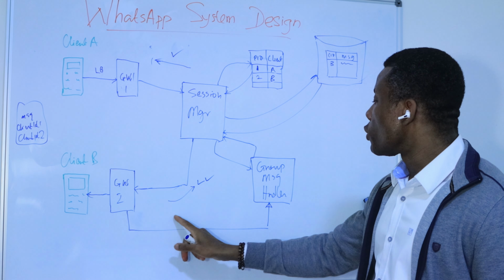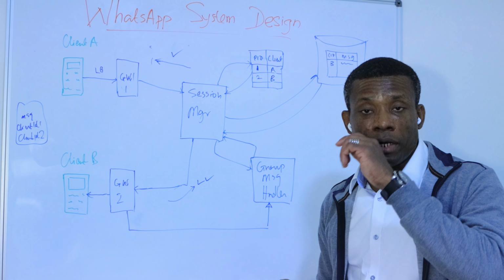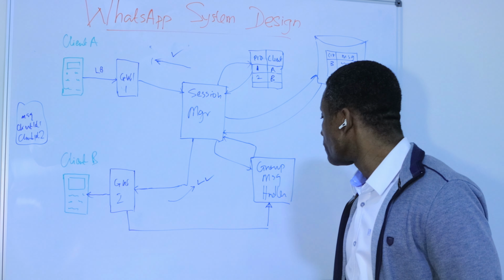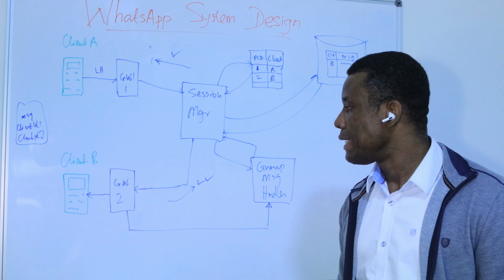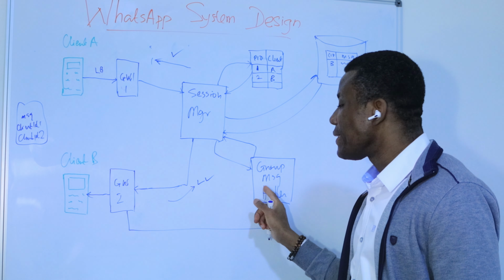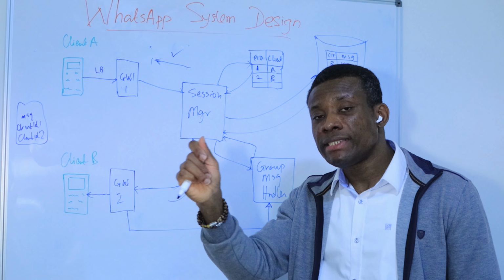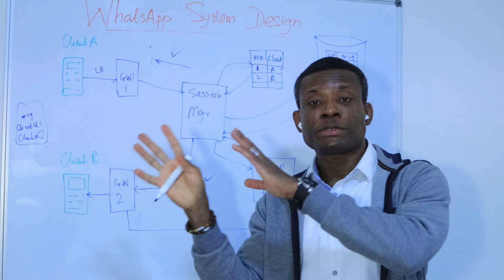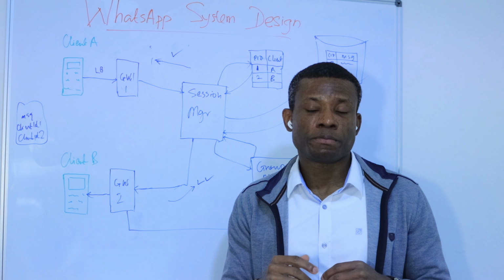So once you create a group, the group message handler gets notified about the name of the group and the list of the members in the group. That happens right here. Now when someone sends a message to the group, of course I'm not sure you can send a message to a group from outside the group, so you have to be inside the group to send a message to it.